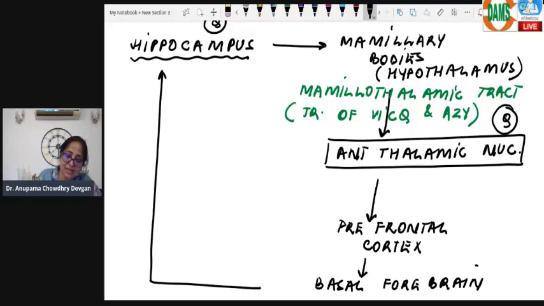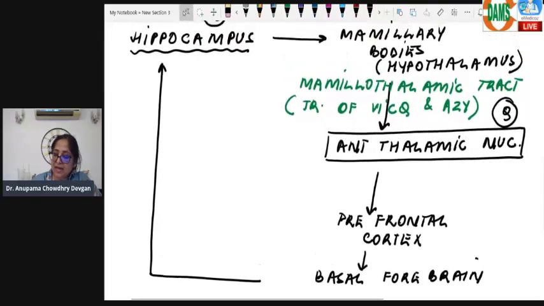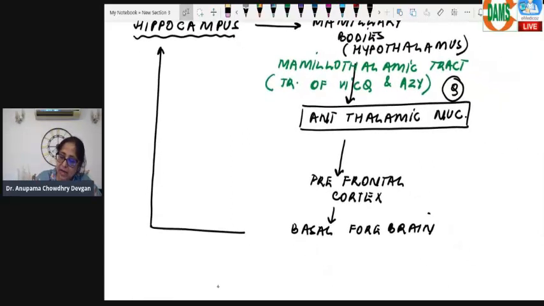So this becomes a circuit, right? Like I said, this is a circuit which is involved in the conversion of short-term to long-term memory. And in the basal forebrain, you have the nucleus basalis.